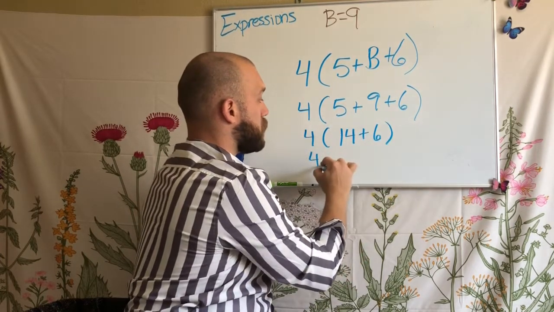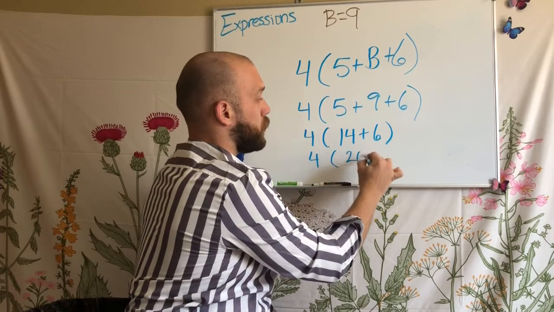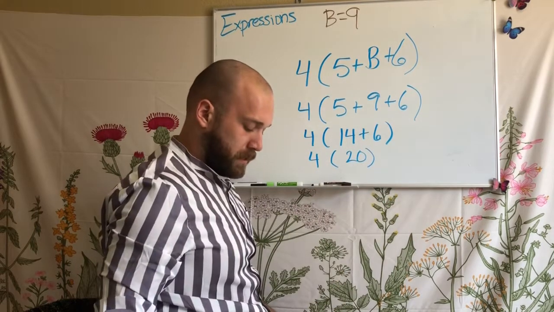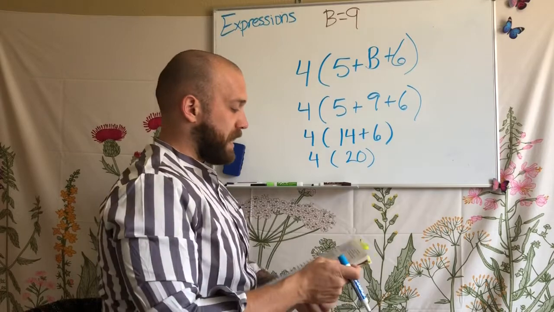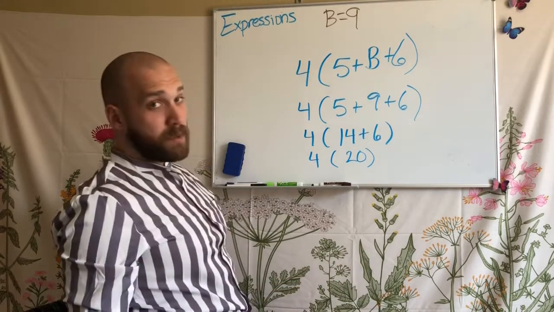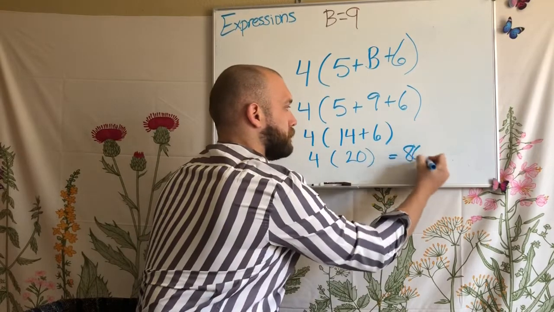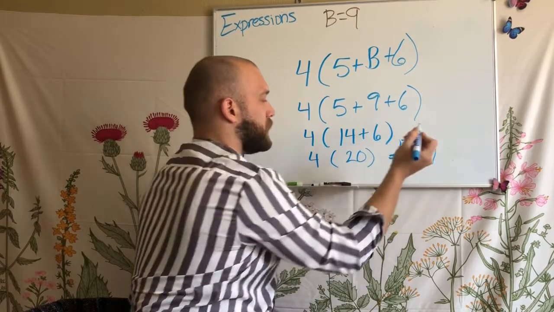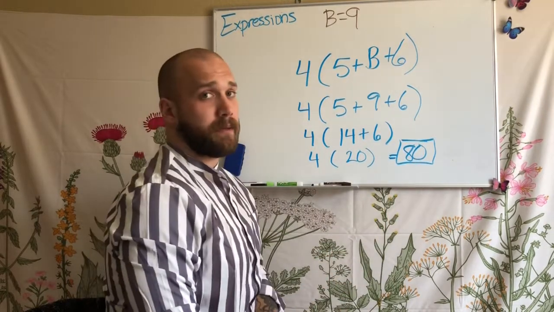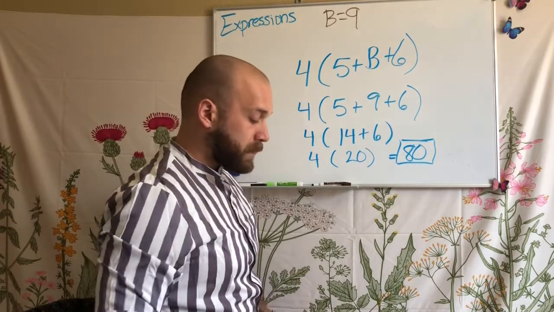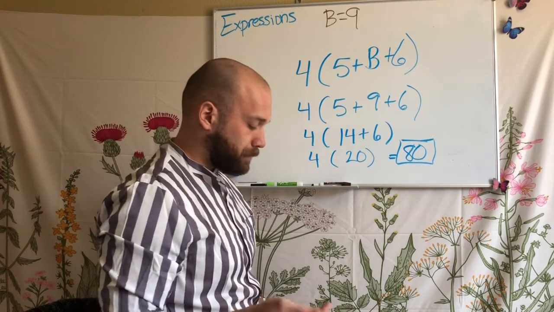So I know I have 4 times the quantity of 20. And what is the answer of 4 times 20? 80. Make sure you're boxing in your answer so it's easy for me to see when you're turning it in, because I'm going to be checking what you're grading.